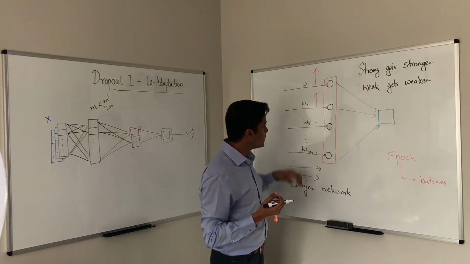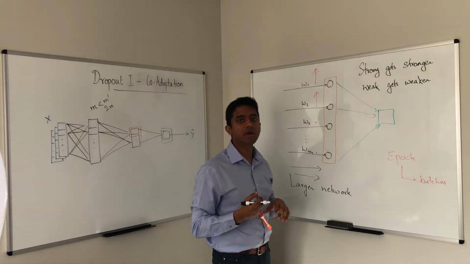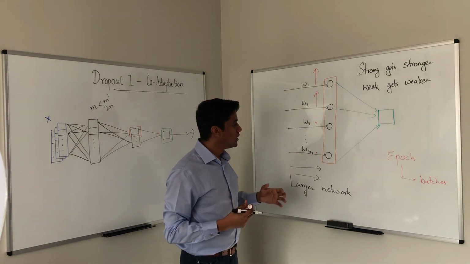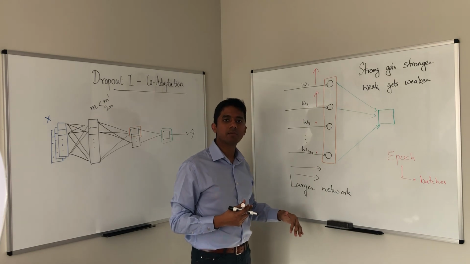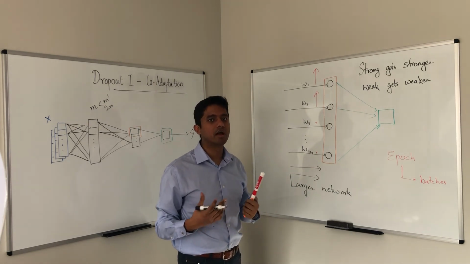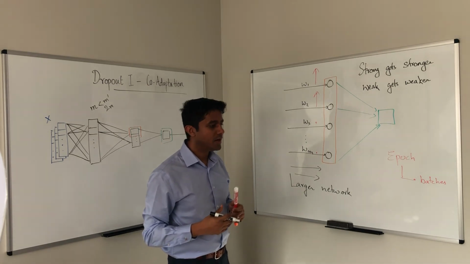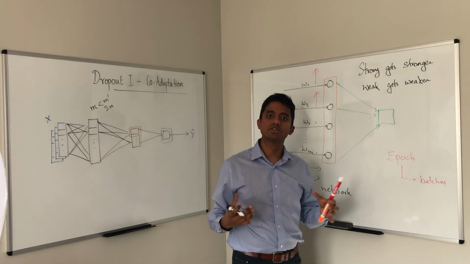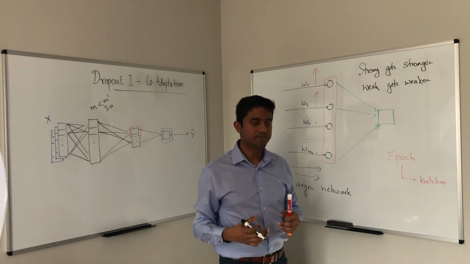But if still these 2 connections are the most important or stronger, no matter how many connections I add, the new ones will still not participate, and making the model larger does not really help. And this became a major limitation for deep learning networks. We could not leverage the size of the model.